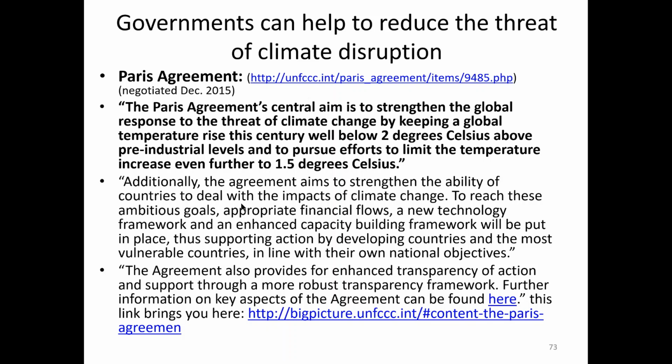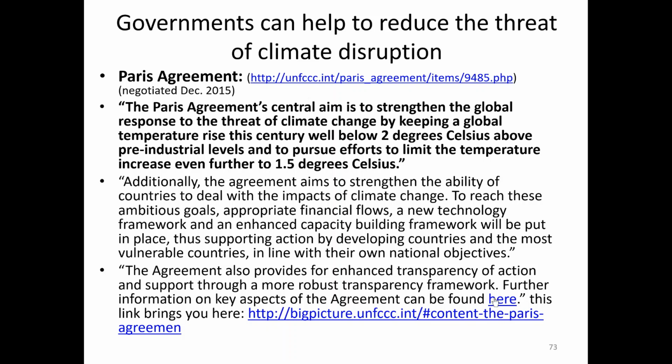So we have financial flows, new technology framework, an enhanced capacity building framework. And this will all support action by developing countries and the most vulnerable countries. And the agreement also provides for enhanced transparency of action and support through a more robust transparency framework.